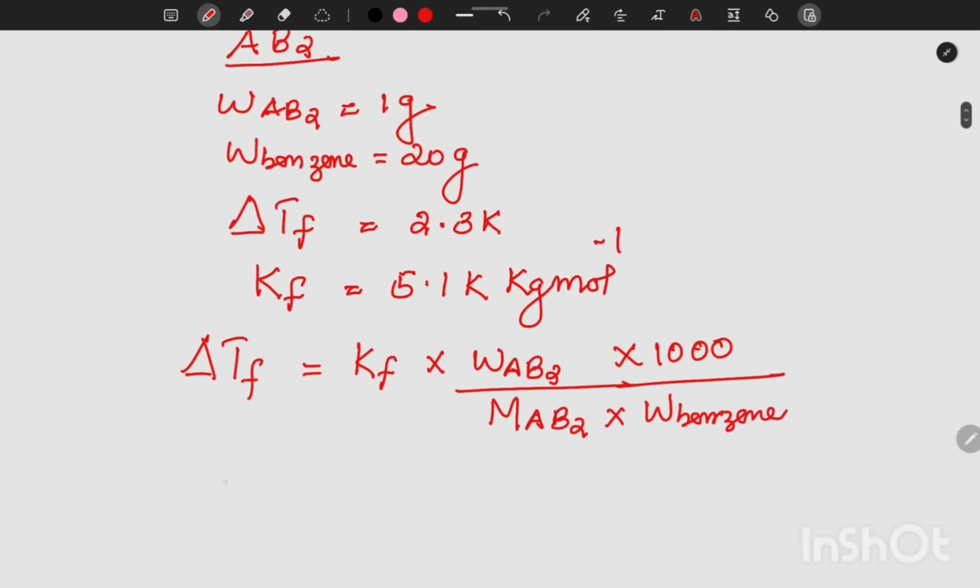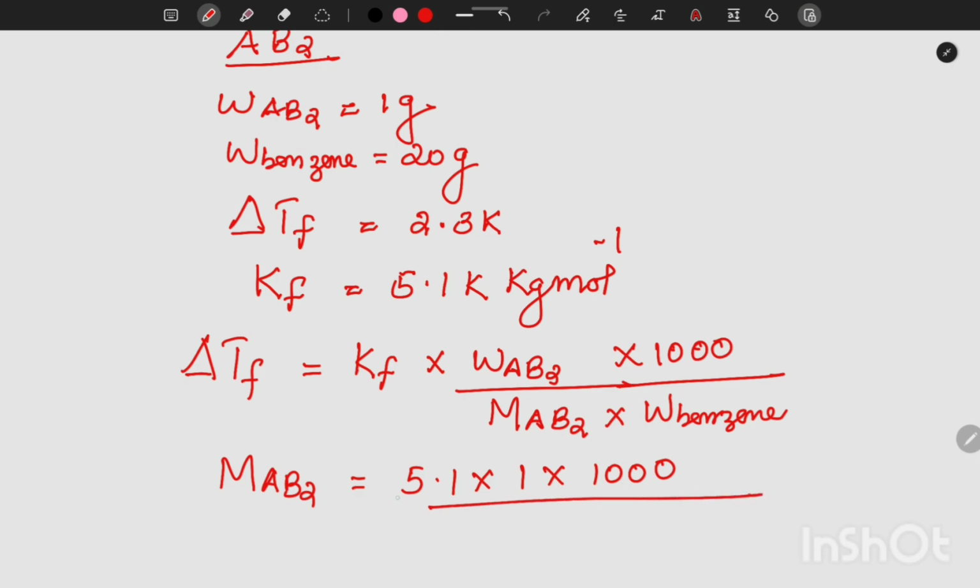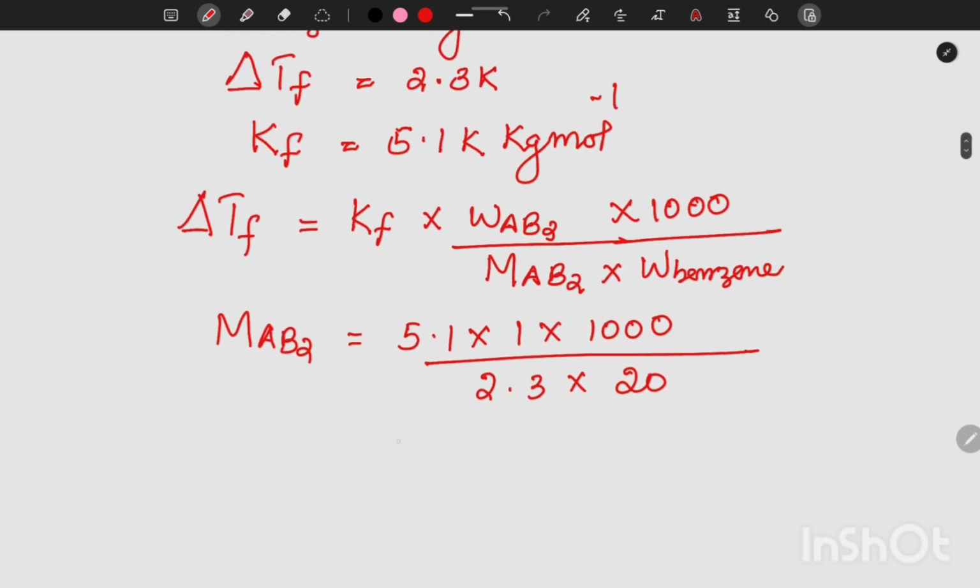So we can rearrange. Molar mass of AB2 is equal to Kf given as 5.1, mass of solute 1 into 1000 divided by delta TF 2.3 into mass of solvent 20. So when we simplify this, we will get 110.87 gram per mole.